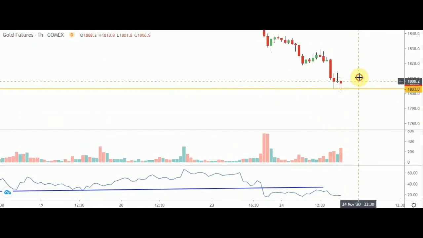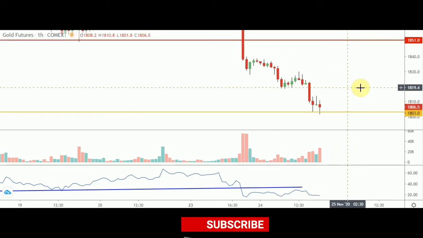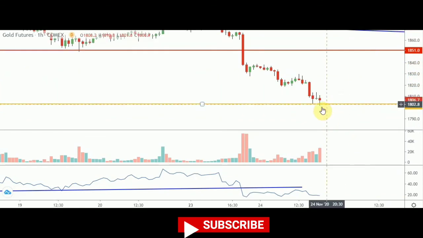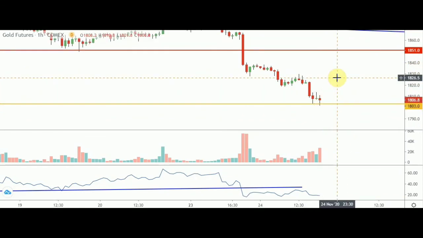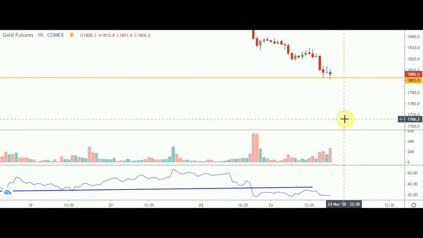Don't short, my friend, because 1800 is a very strong level. If it gives a bounce back, then it can be a good trigger point for entry. If it comes down, it will go towards 1680, which I gave as the target in the previous few minutes. Please remember the levels and execute accordingly.